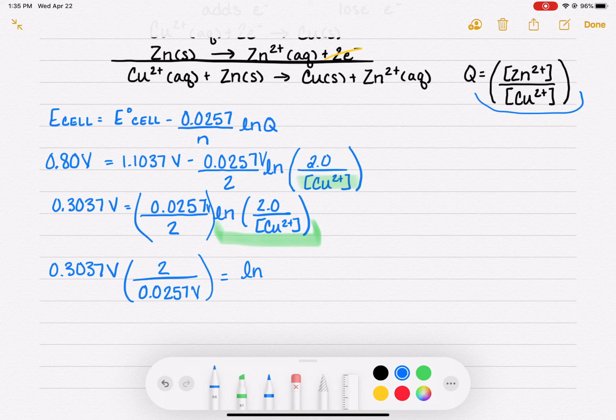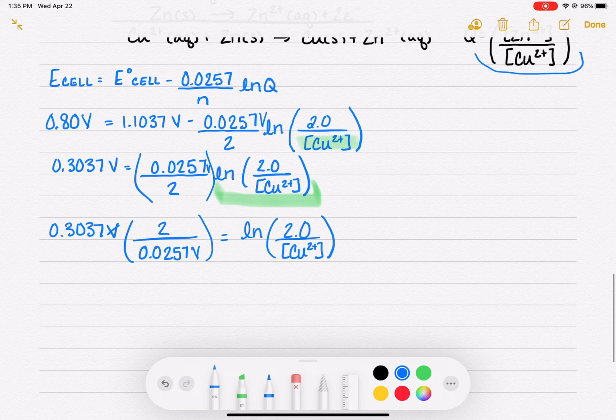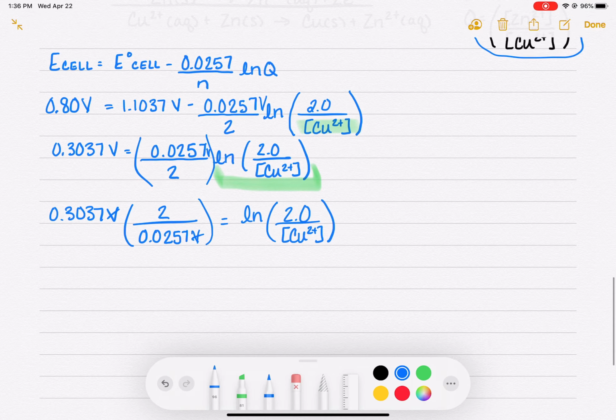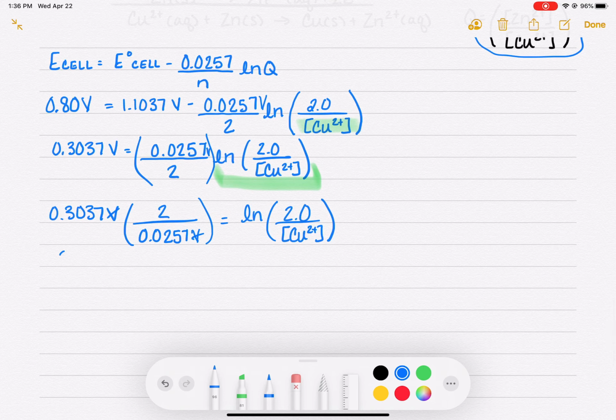And that's going to be on the left, on the right-hand side, we're going to be left with the natural log of 2 over the copper ion concentration. Our volts cancel, and times 2 divided by 0.0257, I am getting 23.63 is equal to the natural log of 2.